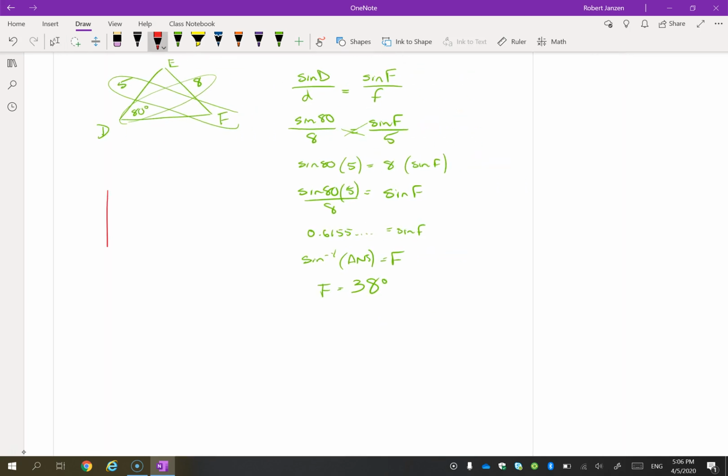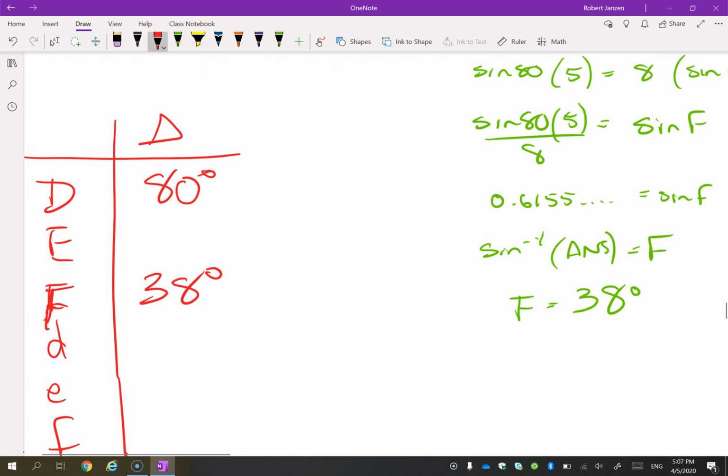Now if you remember, this question said solve the triangle. So I would like you to get into this habit. When asked to solve a triangle, I would like you to list all the parts. Now, D is 80 degrees. We just figured out F is 38 degrees. Since F is 38, you now know what the third angle is.